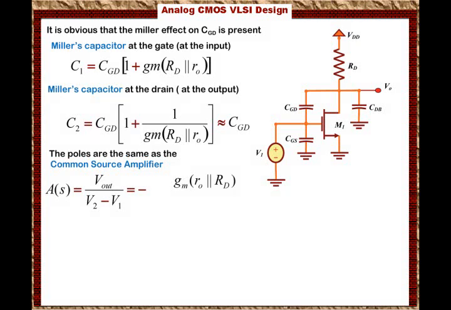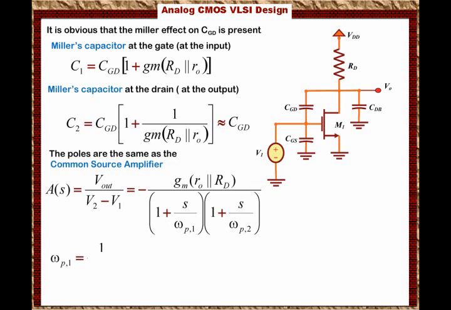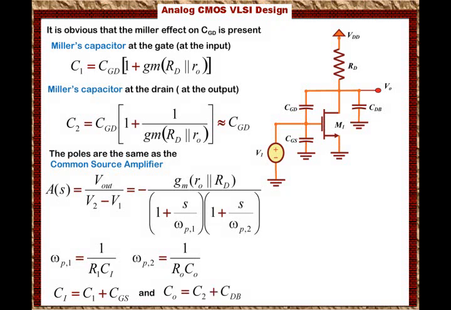This is basically the mid-frequency gain, or the DC gain, divided by the effect of the two poles: the first pole is 1 plus s over omega P1, and the second pole is 1 plus s over omega P2, where omega P1 is basically 1 over RI times CI, and omega P2 is basically 1 over RO times CO, where CI, the input capacitance, is C1, that is the Miller capacitance at the input, plus CGS, which is the capacitance from the gate to the source, and Cout is basically C2, which is the Miller capacitance at the output, plus CDB, which is the capacitance from the drain to the body.